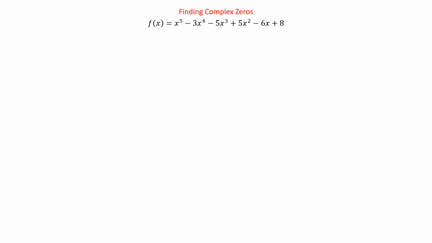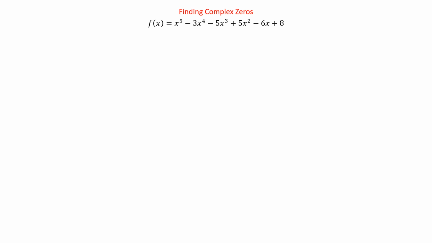This one, it doesn't give us any information, so knowing the rational root theorem, we know that any rational roots are going to be factors of 8 divided by factors of 1, which is the leading coefficient. So it could be plus or minus 1, plus or minus 2, plus or minus 4, plus or minus 8. So that gives us a few things to try. We can use strategies to help us narrow that down.